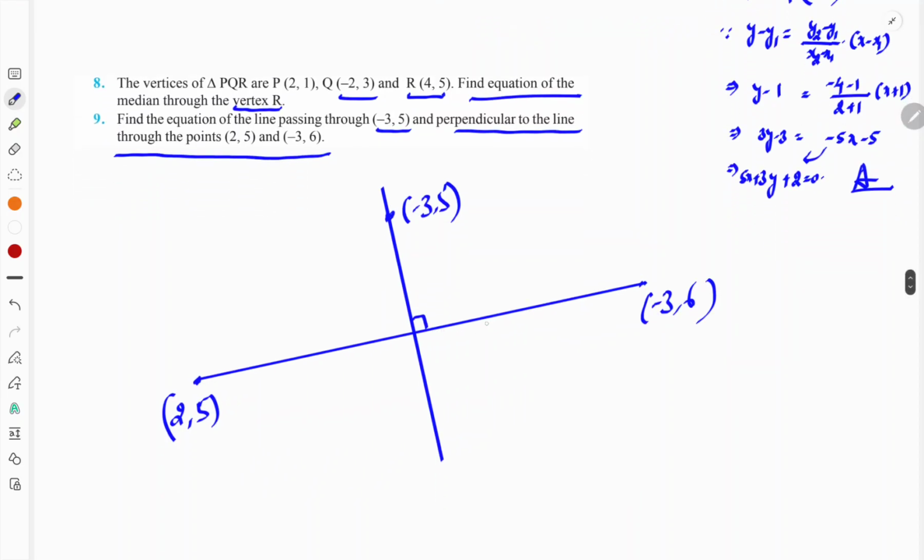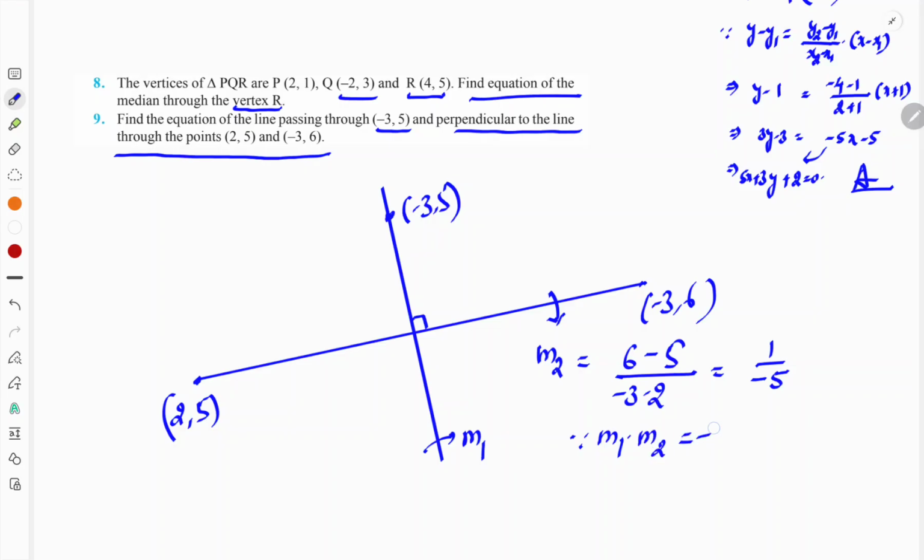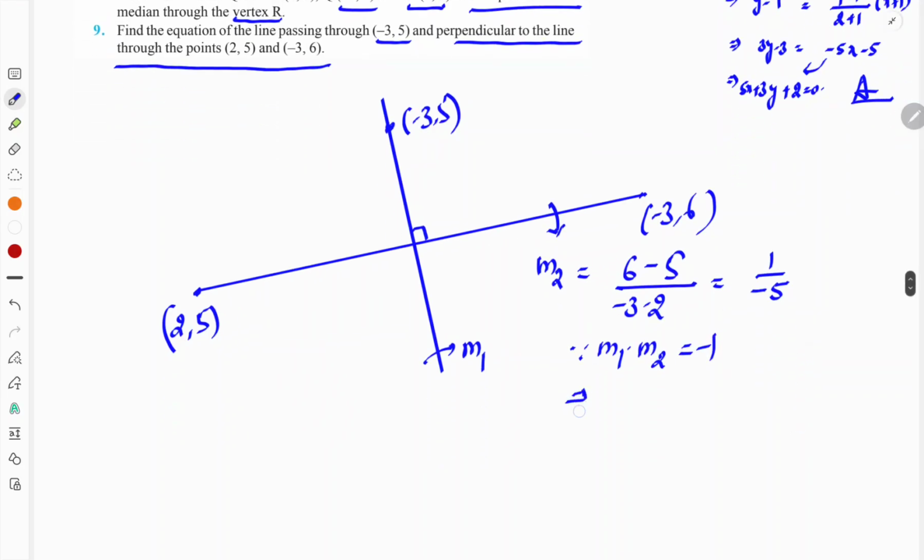Dear student, you know that if two lines are perpendicular, then the product of their slopes will be minus 1. Let's say one slope is m1 and the other is m2. The slope of the line joining (2, 5) and (minus 3, 6) is (y2 minus y1) divided by (x2 minus x1): 6 minus 5 divided by minus 3 minus 2, so we get 1 by minus 5. Because m1 into m2 is equal to minus 1, the lines being perpendicular, m1 is equal to minus 1 by m2.